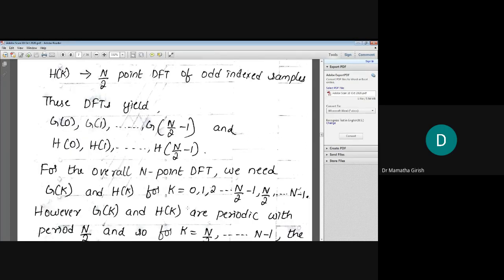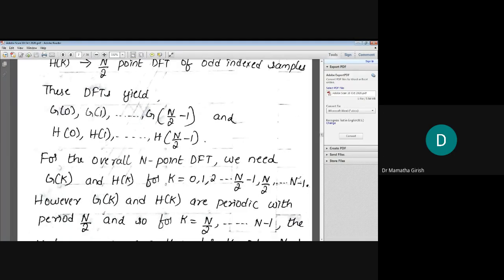But the point of interest is, for a given sequence x of n, the N point DFT has to cover from 0 till N minus 1. That is, both for G of k and H of k, the term k must run from 0 till N minus 1. But in the above equations, where is the summation running from? 0 to N by 2 minus 1.